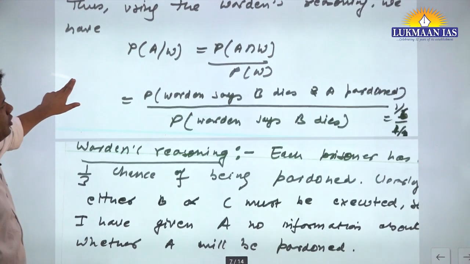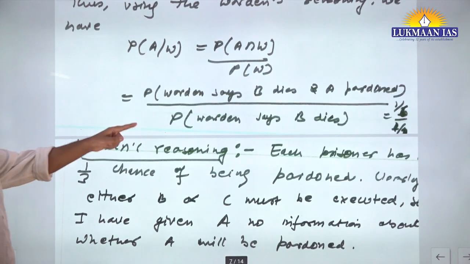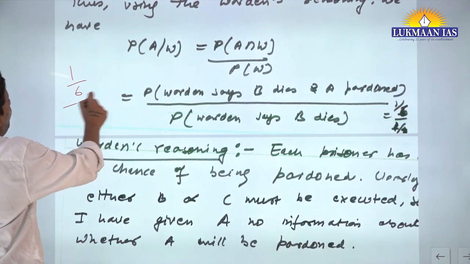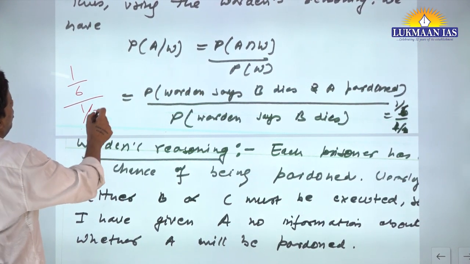So this probability will be equal to 1/6 upon 1/2, right?